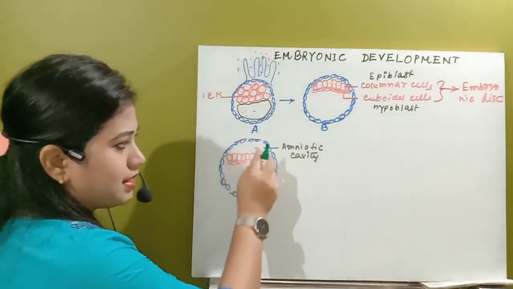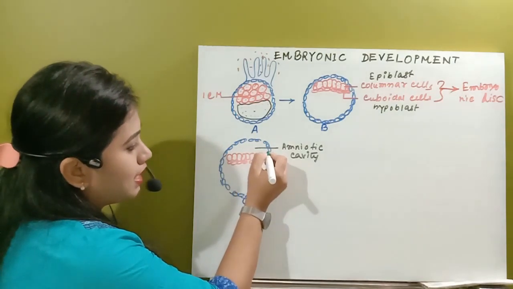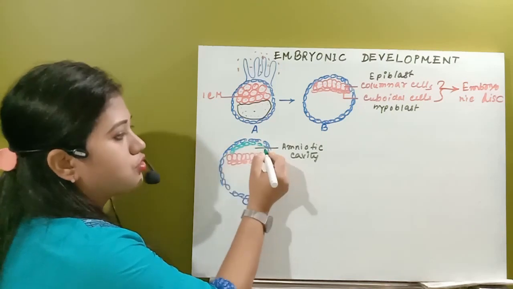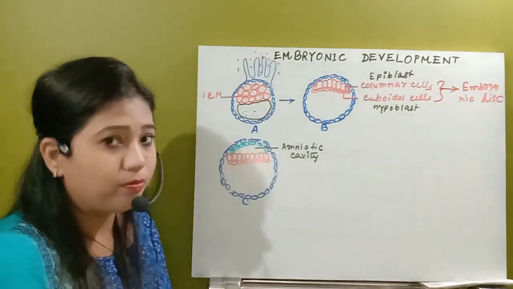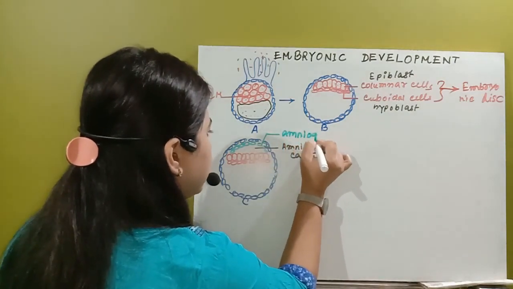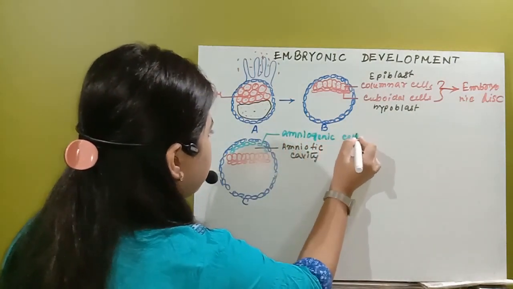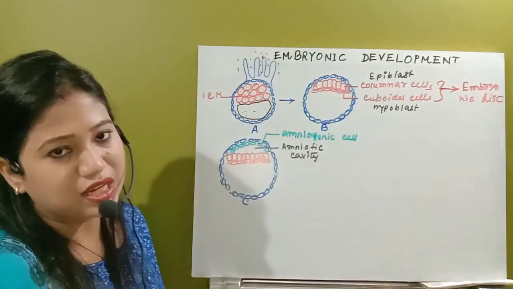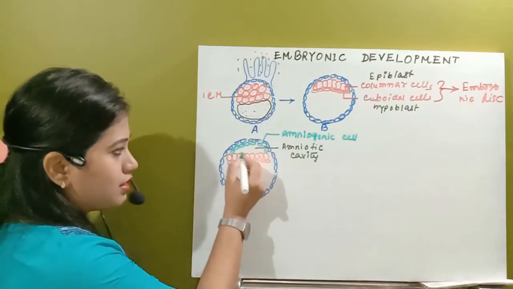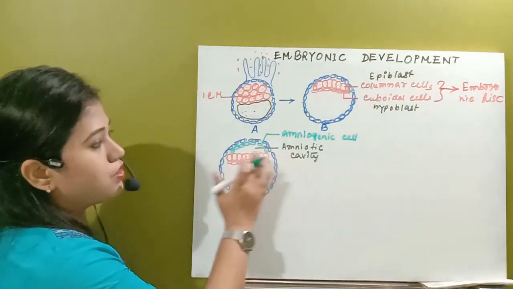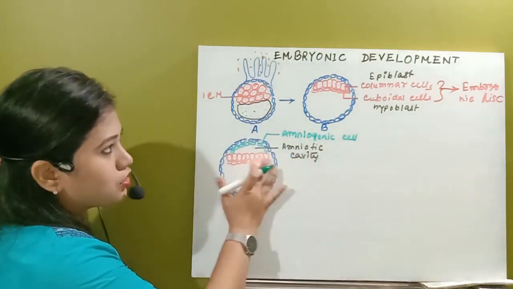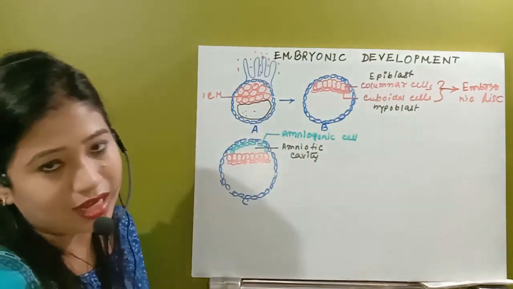In that same time the trophoblastic cell layer, see here, suppose these are the trophoblastic cell layer. This trophoblastic cell layer will form a layer of amniogenic cells. Those cells formed from the trophoblast are known as the amniogenic cells. So just see here, these are the amniogenic cells. This cavity, known as the amniotic cavity, has its roof formed by amniotic cells, and beneath it is the epiblastic cell layer.